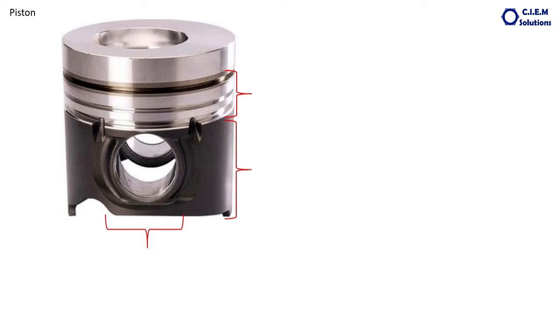Then it also has to work as a heat dissipating medium, because whatever heat is generated in the combustion chamber over the crown of the piston has to be let out through the cylinder walls, and it has to accommodate some other important critical parts like piston rings and the gudgeon pin.